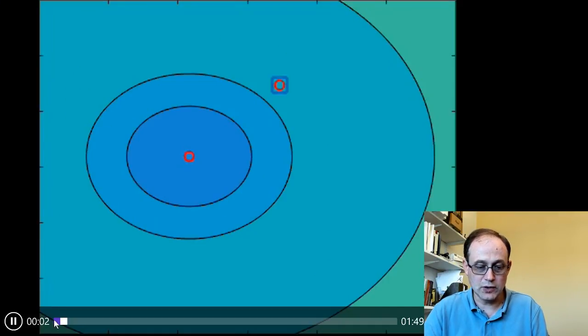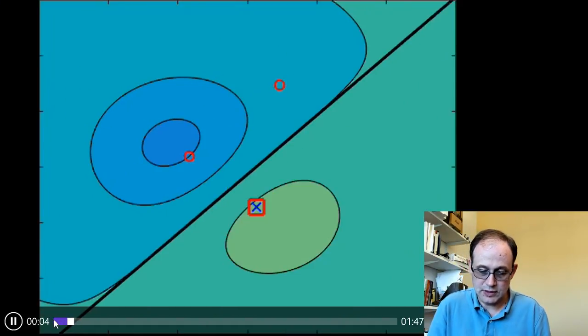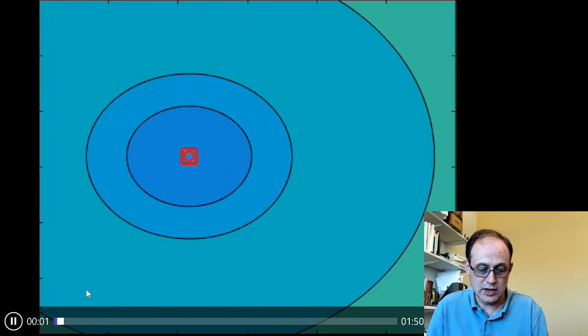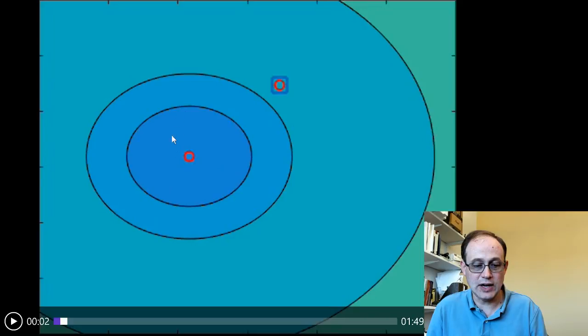Let's make it bigger, and let's go back a little bit. Here is our first training example, and we subtracted a Gaussian bump centered at that training example because it's a negative example. Now the discriminant function is negative here, so we're not going to change anything.